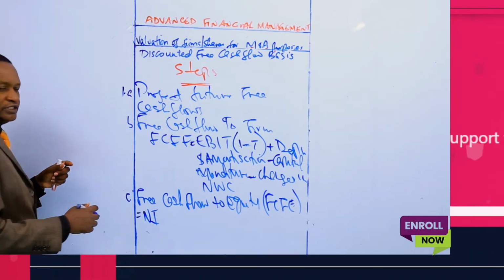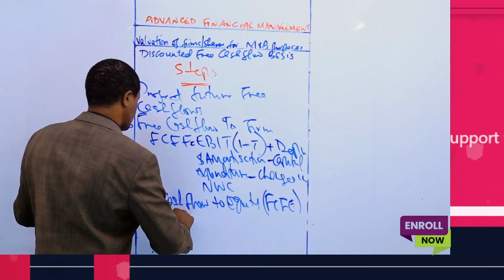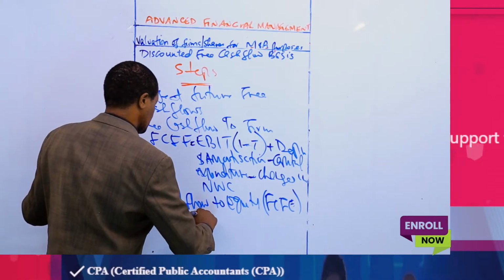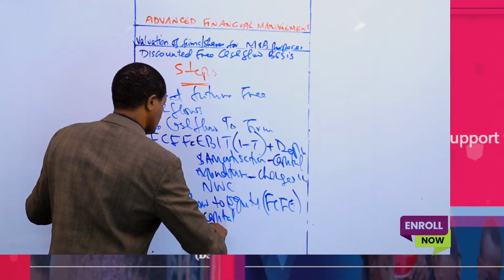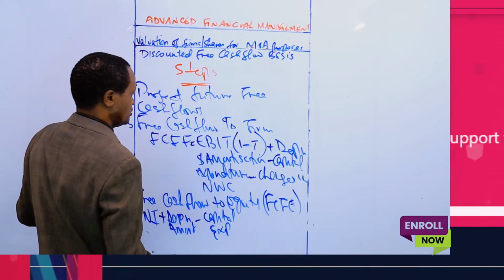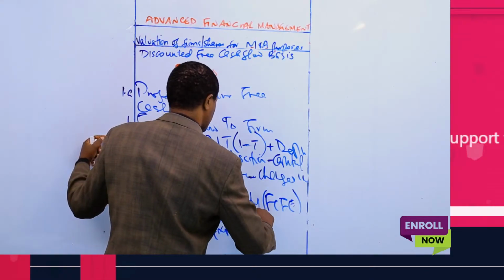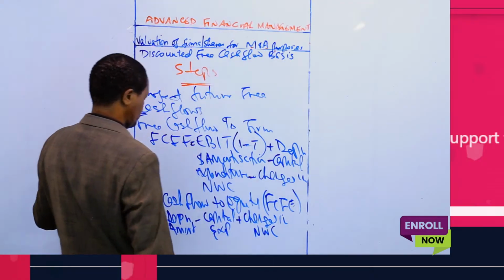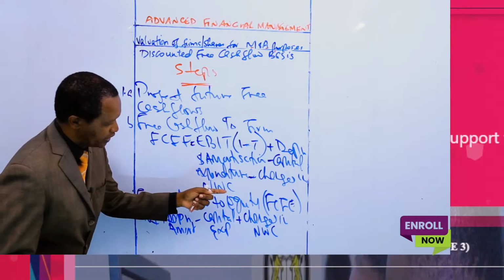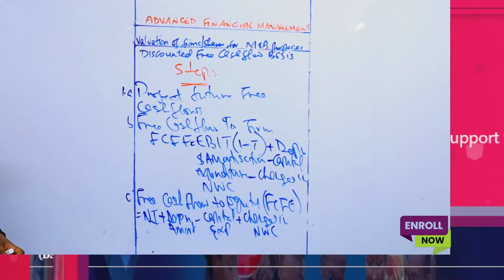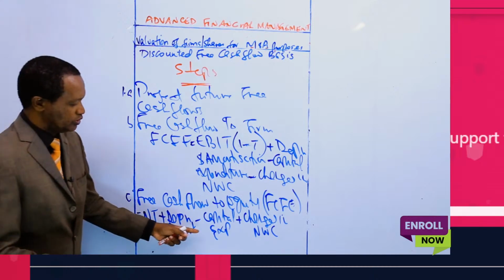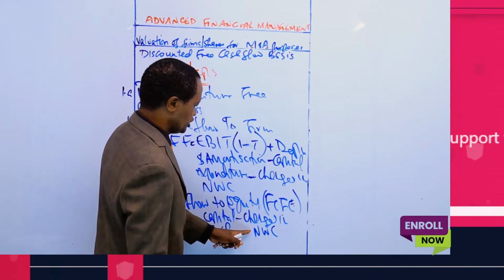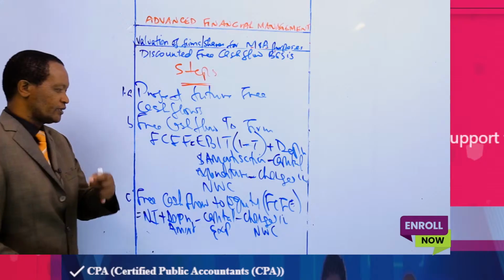Then we add depreciation and amortization, deduct capital expenditures, then we also deduct changes in net working capital.